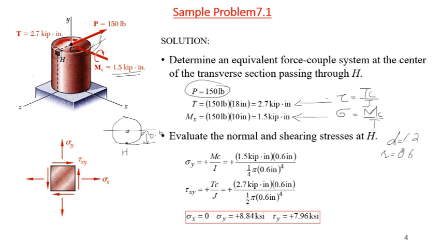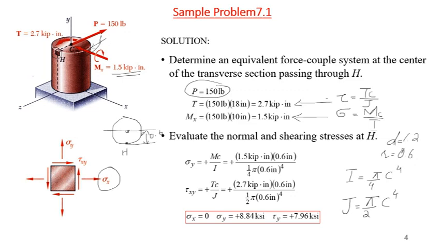The value of I is 1 by 4 pi r^4. So for the circular section it is pi by 4 c^4, and J, the polar moment of inertia, was pi by 2 c^4. So putting in the values, sigma x, obviously there is no normal stress acting in the x direction, so sigma x is 0.